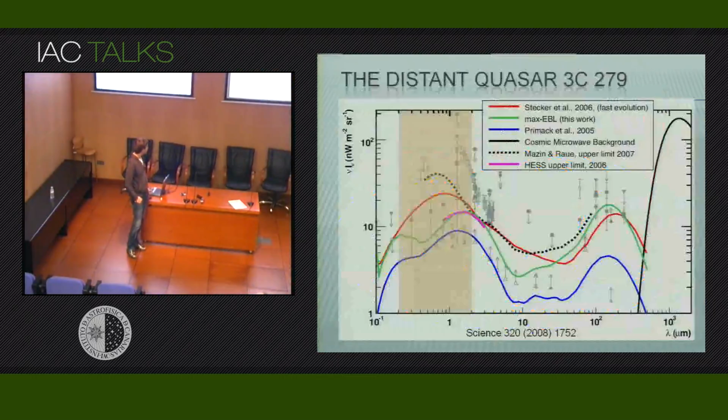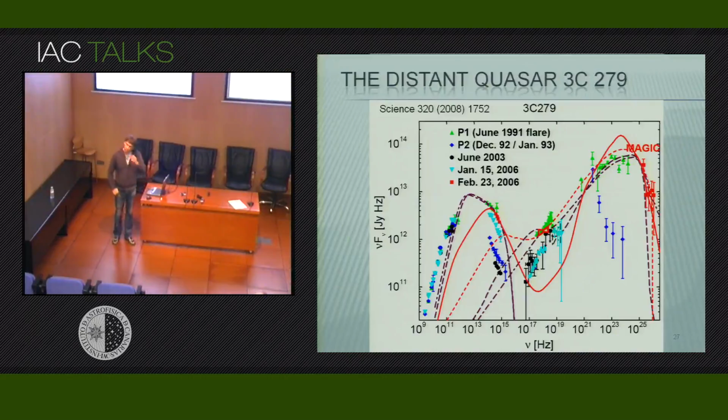And there are indeed binaries detected, like in the case of MAGIC LSI +61, I didn't mention this one now, or in the case of LS 5039, where you see in gamma rays the period in the signal going up and down, and you can clearly say that this is this binary. But so far the black hole binaries, the ones where we are really sure that there are black holes in the system, because for these two that I mentioned we are not sure, the black hole binaries we didn't see them yet.